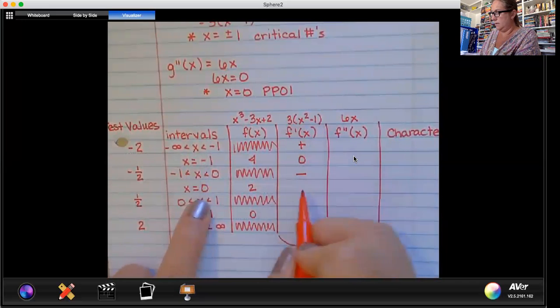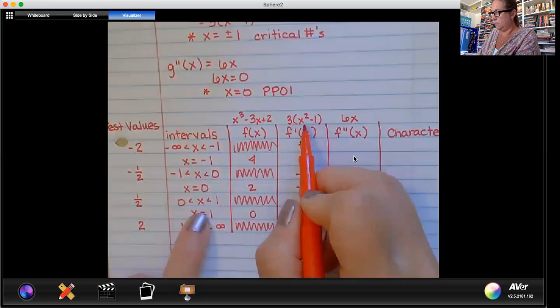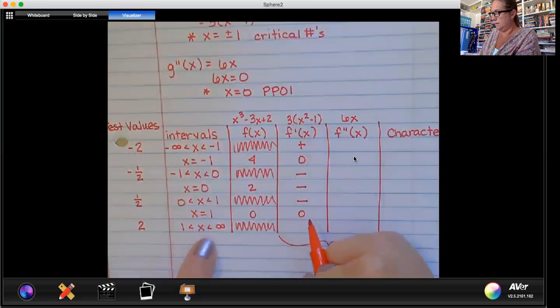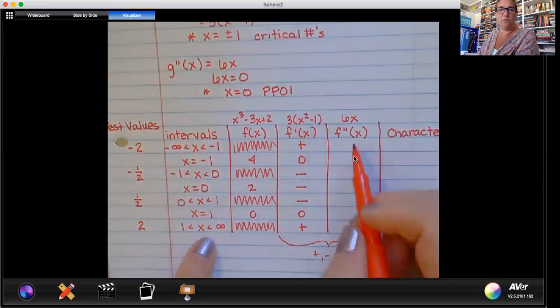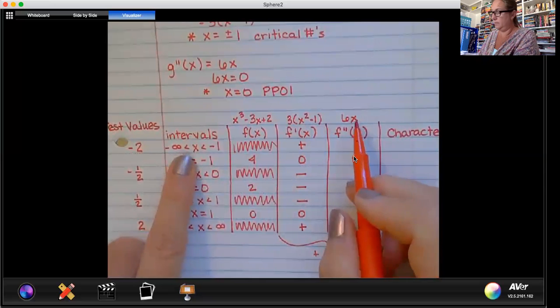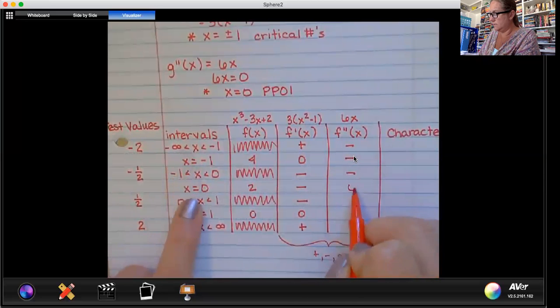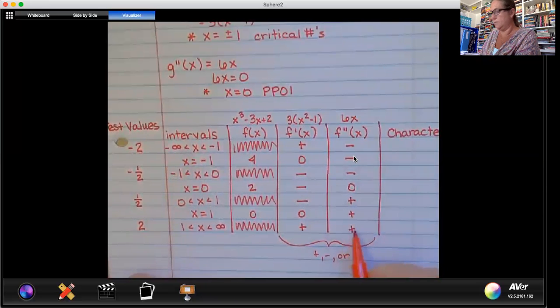Plug in 0, negative. Plug in 1/2, negative. Plug in 1, 0, and plug in 2, positive. Same thing for 6x. A little bit easier here. Negative, negative, negative, 0, positive, positive, and positive.